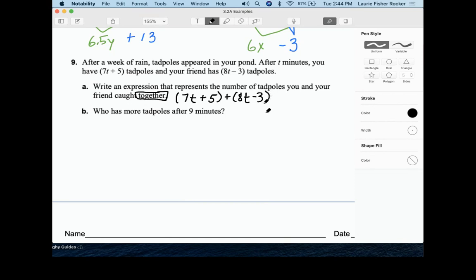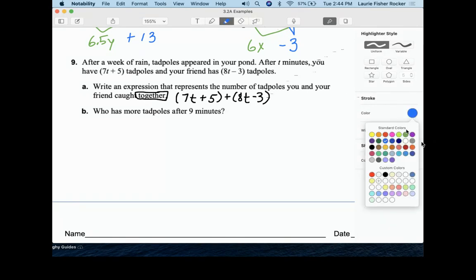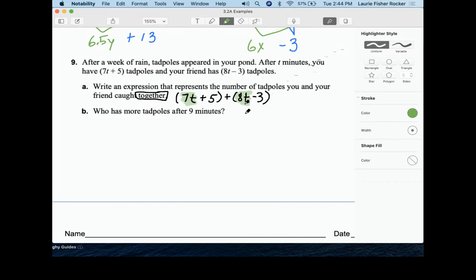And so we are writing that as the addition problem. Now we're going to write it in simplest form. So we're going to add these like terms. There's no number up front, so we can just add these like terms. 7T plus 8T equals 15T.